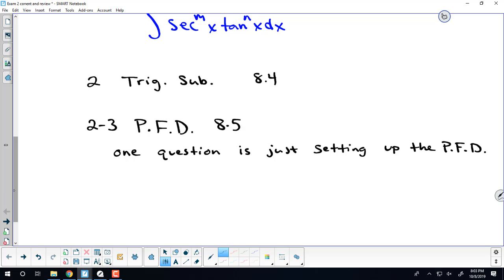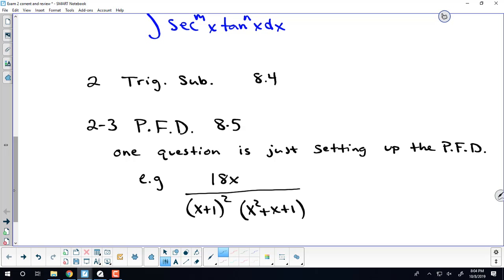For example, if we had 18x over (x plus 1) squared times (x squared plus x plus 1), you just write out what the partial fraction would look like. You don't have to solve for the coefficients or integrate anything.